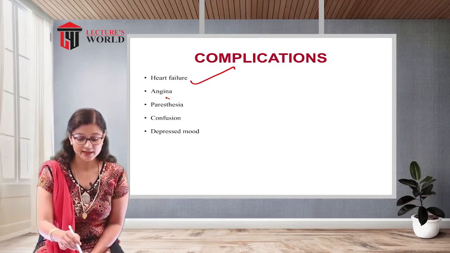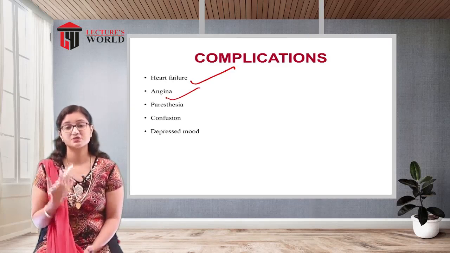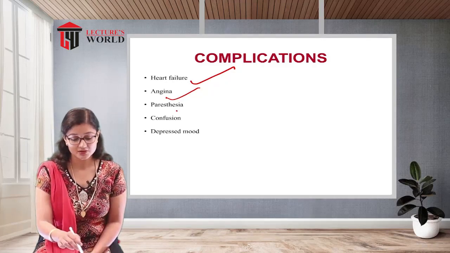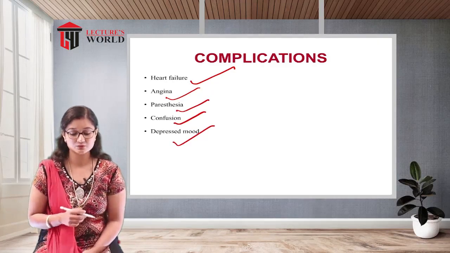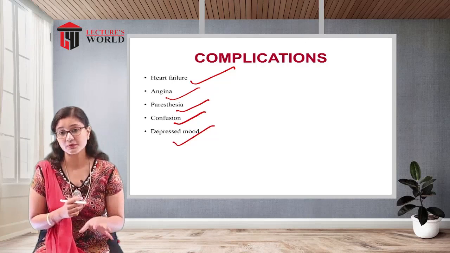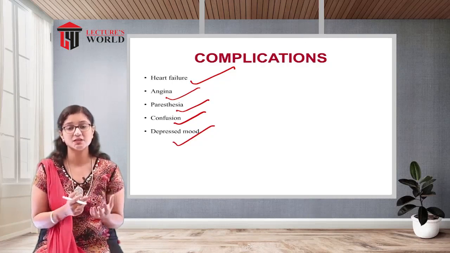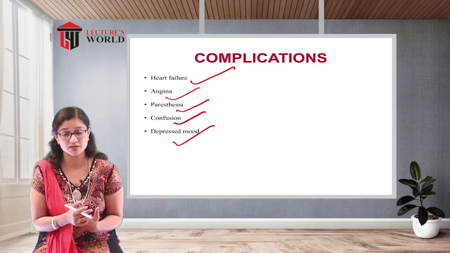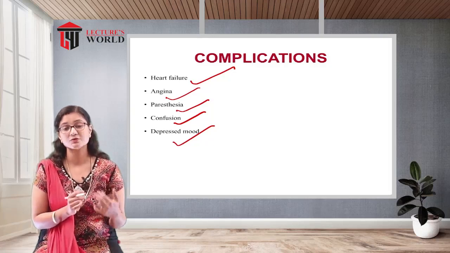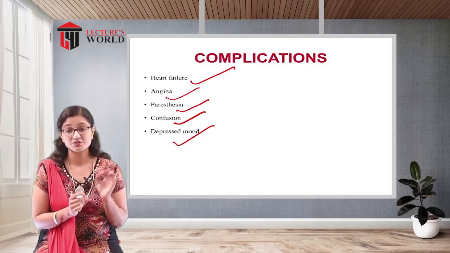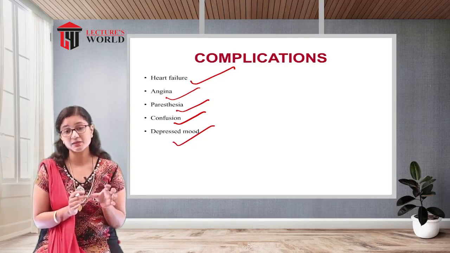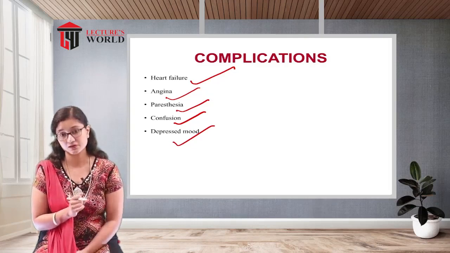Next is the person can have angina, that is nothing but chest pain can be there, paresthesia, confusion and depressed mood. So the common clinical complications which are seen, because the person is totally fatigued, doesn't feel like doing anything, that's why the depressed mood can be there in the patient. Paresthesia and confusion can be specific to pernicious anemia, which is commonly affecting your central and peripheral nervous system.